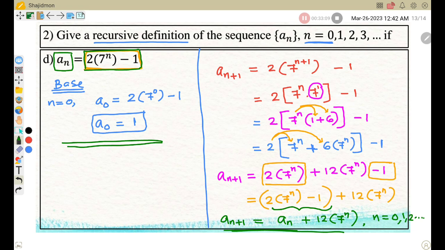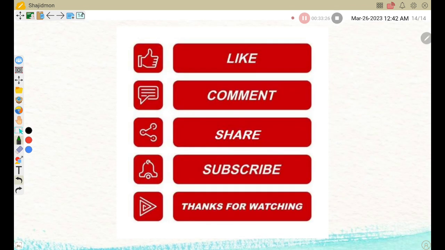After that, one recursive step, a_{n+1}. What is a_{n+1} in terms of a_n? a_{n+1} equal to a smaller version, a_n, and some extra term will be there, where n equal to 0, 1, 2, 3, like that it is continuing. So I hope you understood how to write the recursive definition and how to calculate the terms also.